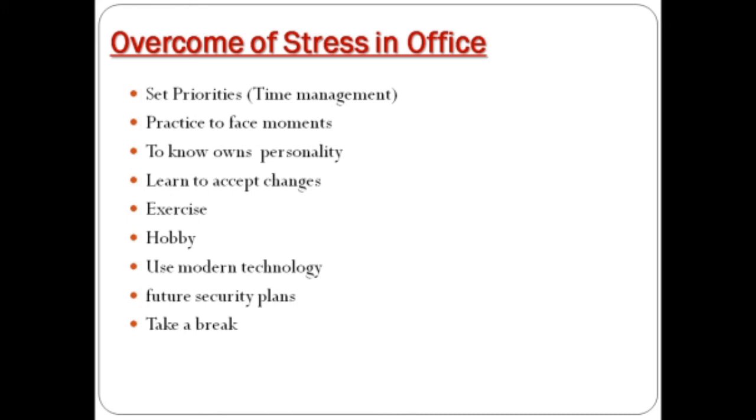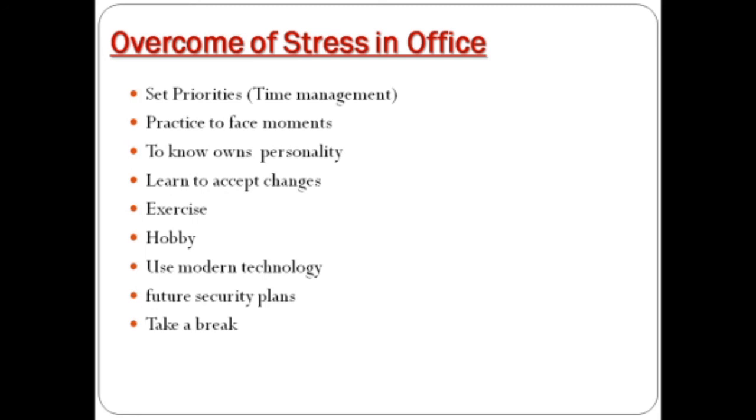Sixth is to grant yourself time to follow hobbies. If you are fond of music or dancing or trekking, then once in a month or in a week you have to engage yourself in your own hobbies. It will help you to avoid stress in life.